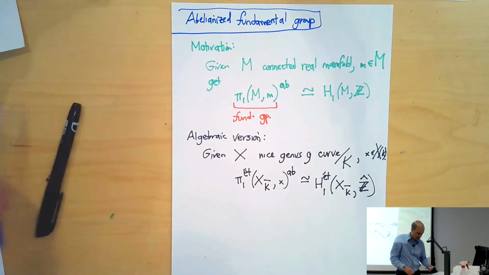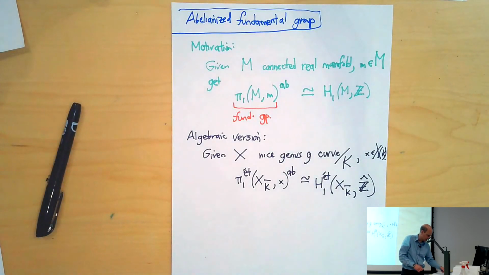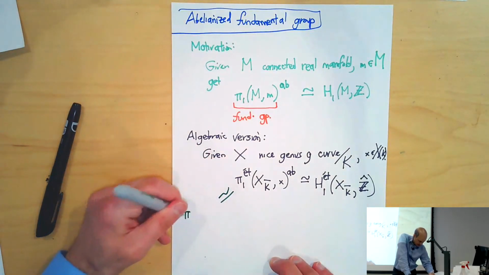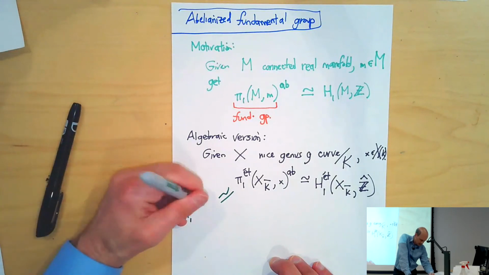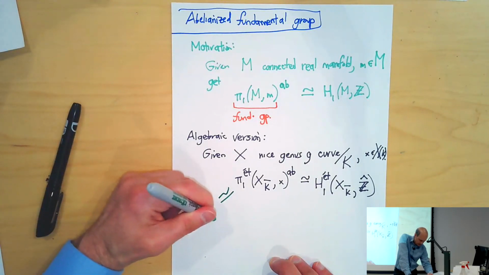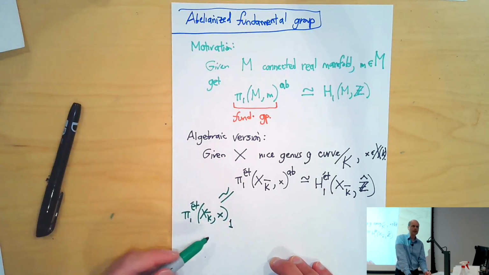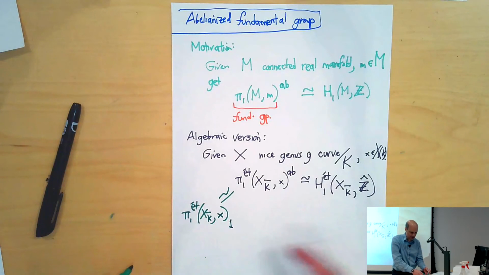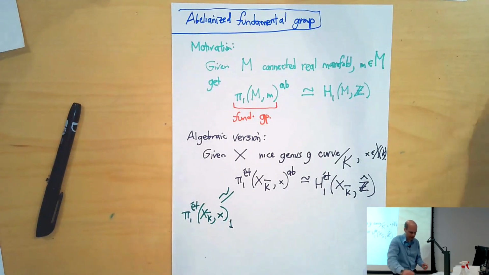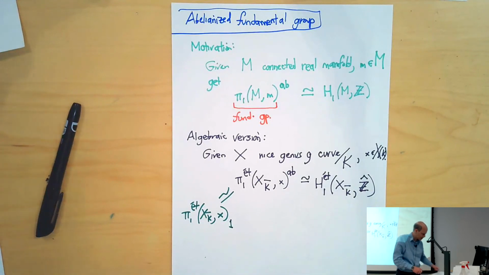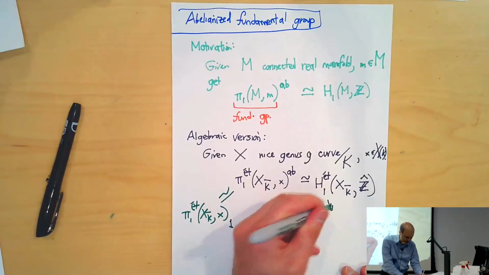And then this, by what we had in the previous slide, you can also understand as follows. If you start with this étale fundamental group, it's like the G sub 1, where G is this. I'm just interpreting it as a quotient in this lower central series. And this thing on the right-hand side is going to surject onto something.